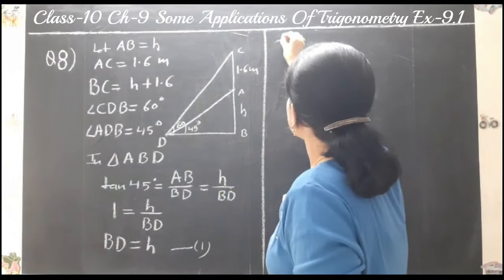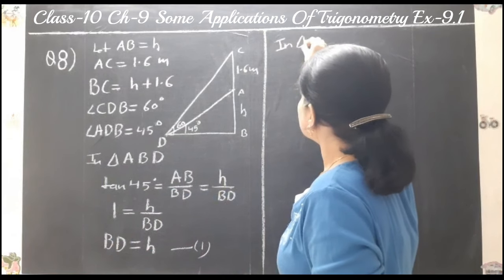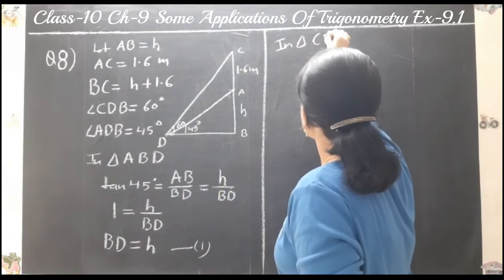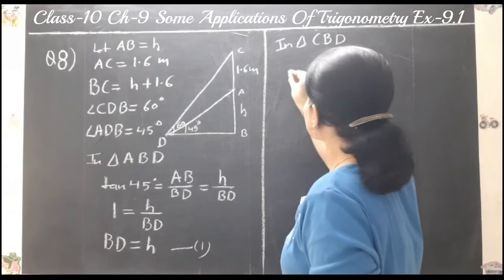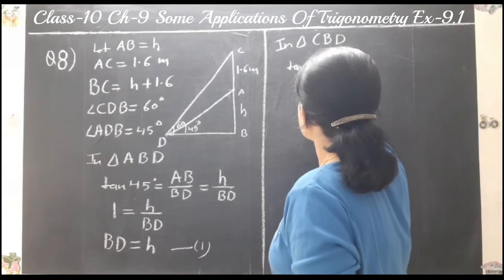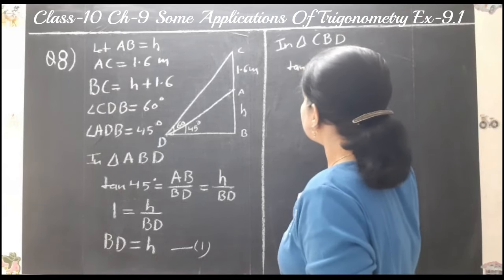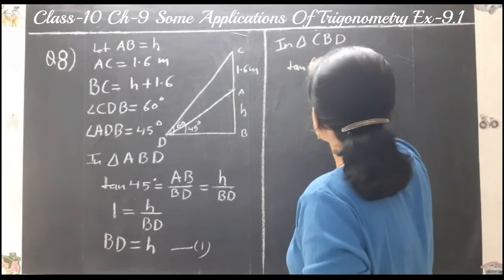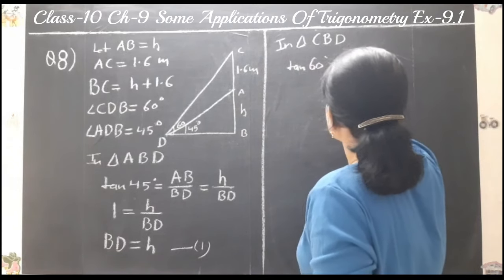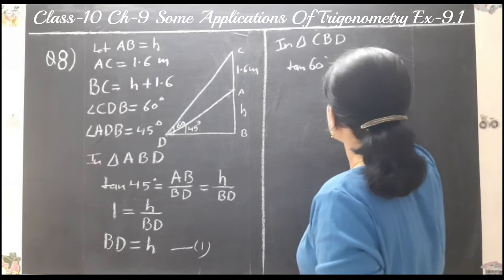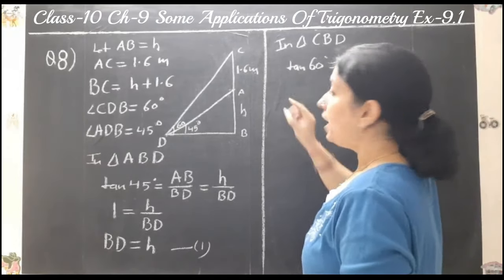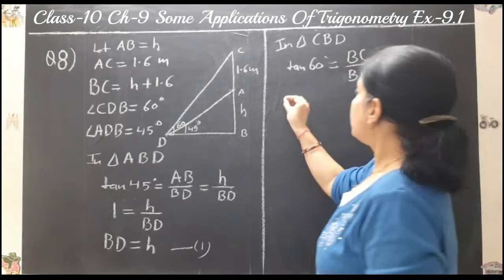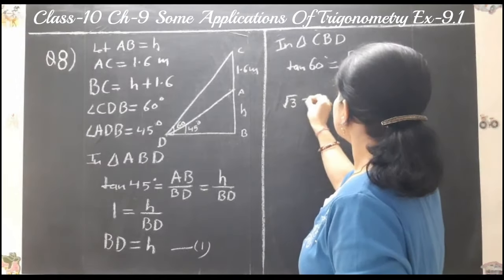Then write again in triangle CBD, tan 60 will be the perpendicular distance BC divided by the base BD. And what is the value of tan 60? Yes, tan 60 is equal to √3.